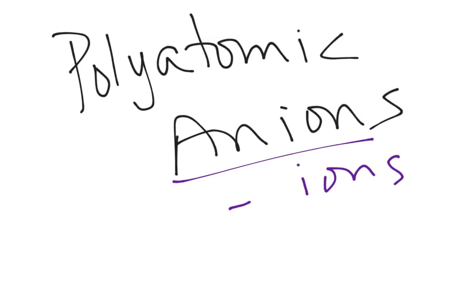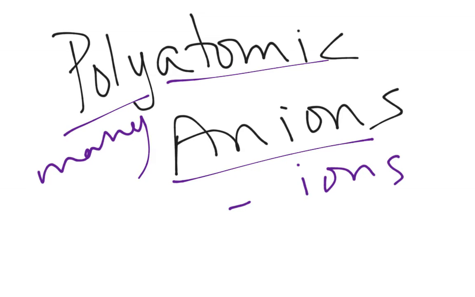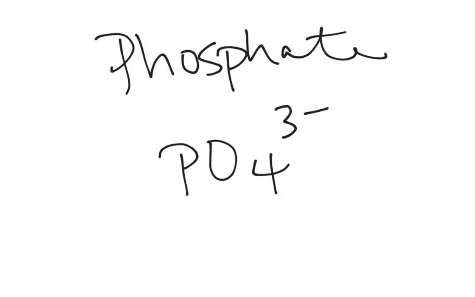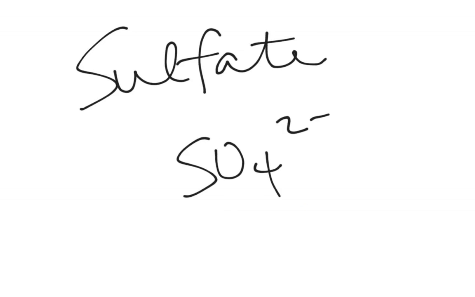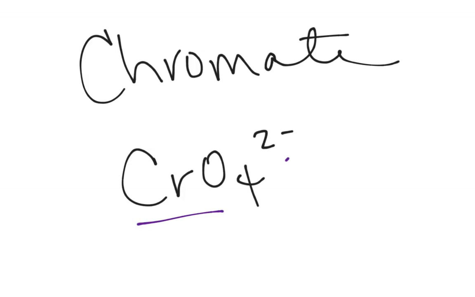Positive thing to kill a cat, so anions are negative. So it's something that has gained electrons. Atomic, well, it's atoms. Poly, many. So many atoms that are negatively charged. And if you go back through, we've got many atoms here, negatively charged, negatively charged, negatively charged. So that's all that we mean when we're talking about polyatomic anions.